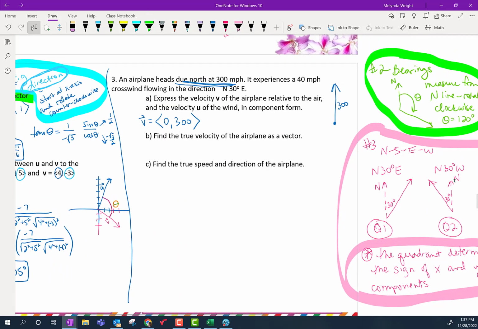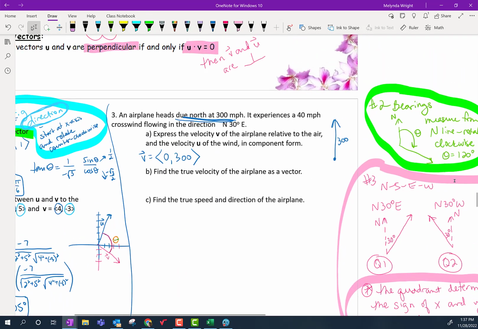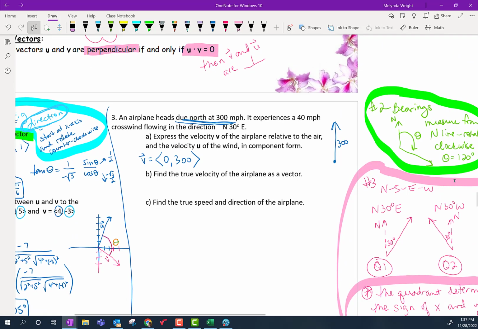Okay, so here we go. We're going to do the wind now. So the wind is north 30 degrees east. So I'm going to draw it up here. So here's my north line, northeast. So it's going like this, 30 degrees.